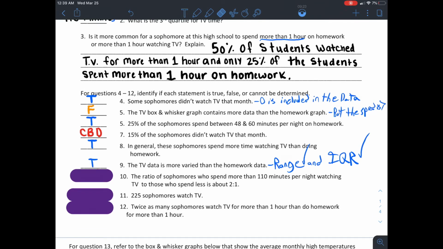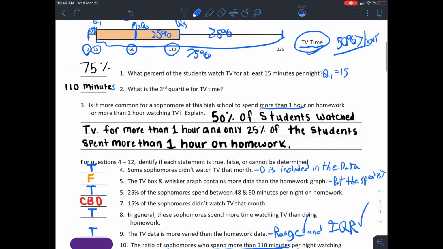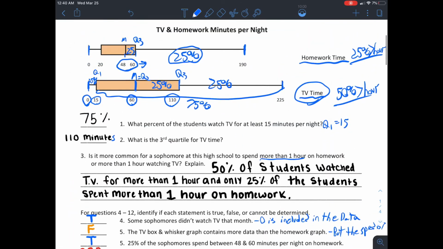Number 10, the ratio of sophomores who spend more than 110 minutes per night watching TV to those who spend less is about 2 to 1. So it wants to know a ratio. I remember last week we talked about ratio a little bit and how ratios are fractions. So it wants a fraction of sophomores who spend more than 110 minutes per night watching TV to those who spend less than 110 minutes.